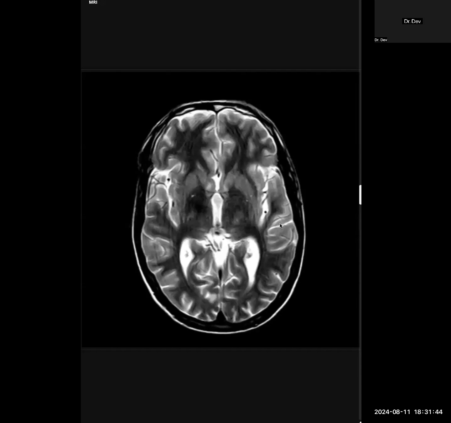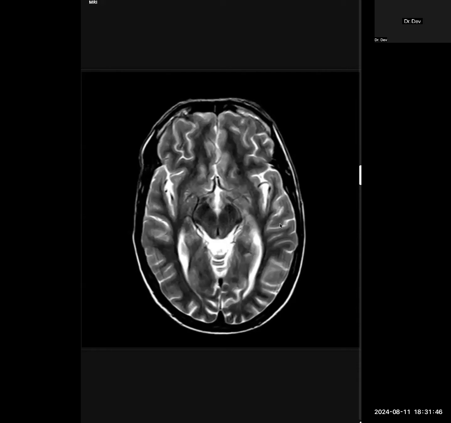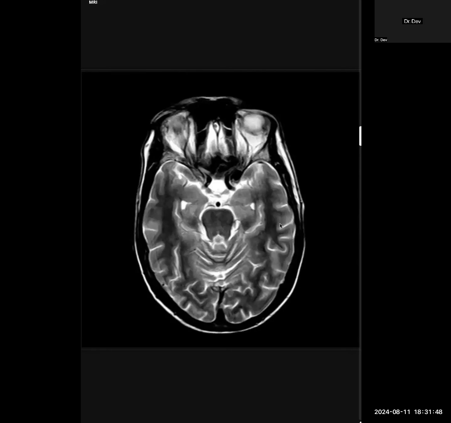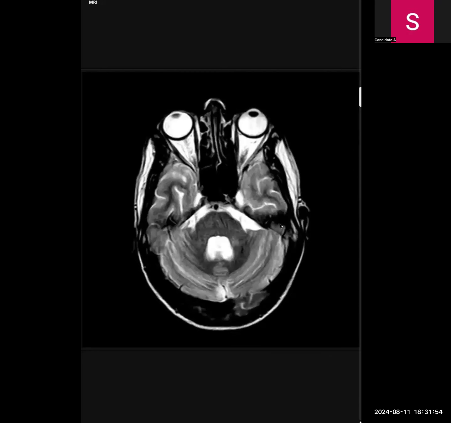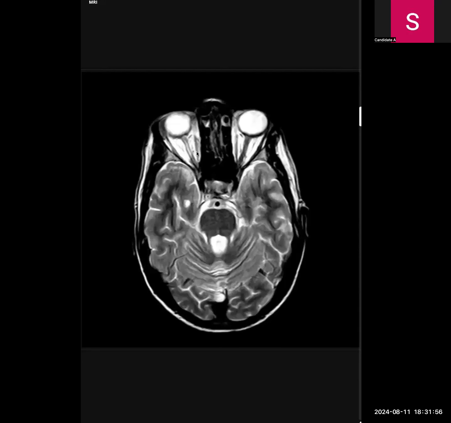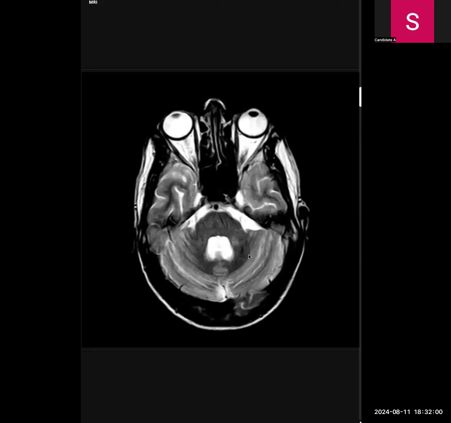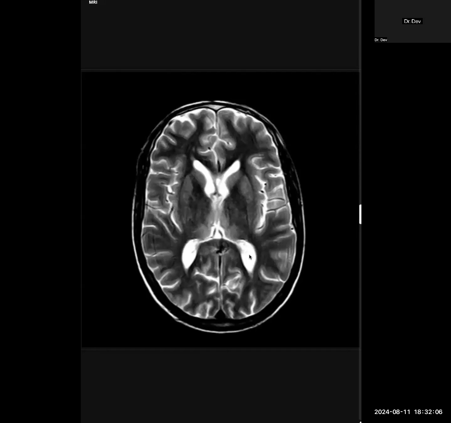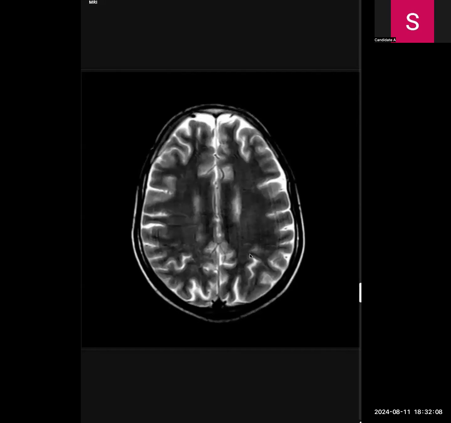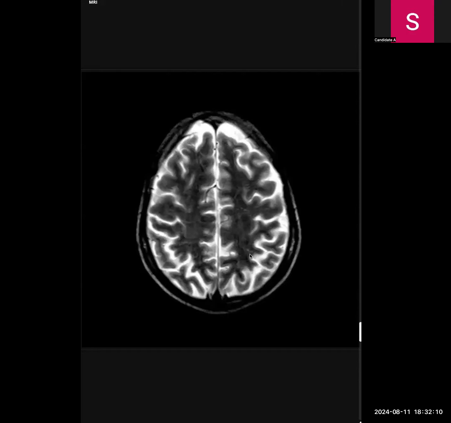Okay, the ventricular system appears normal. I'm trying to see for any abnormality. You can see that the right optic nerve appears smaller in diameter than the left one. You can ignore that. Other than that, I'm trying to see for the white matter and the gray matter.